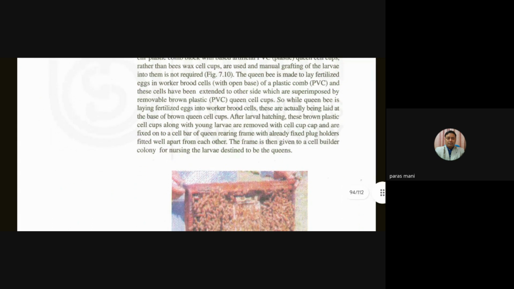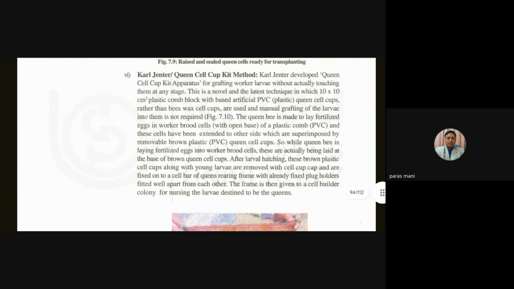And another difference is that the fertilized eggs are laid directly on one kind of cell, also PVC material, that will be transferred to the queen cup cell, and we will not graft as we have done in the grafting method. Here the portion where the egg is laid is completely shifted to the queen cup cell.